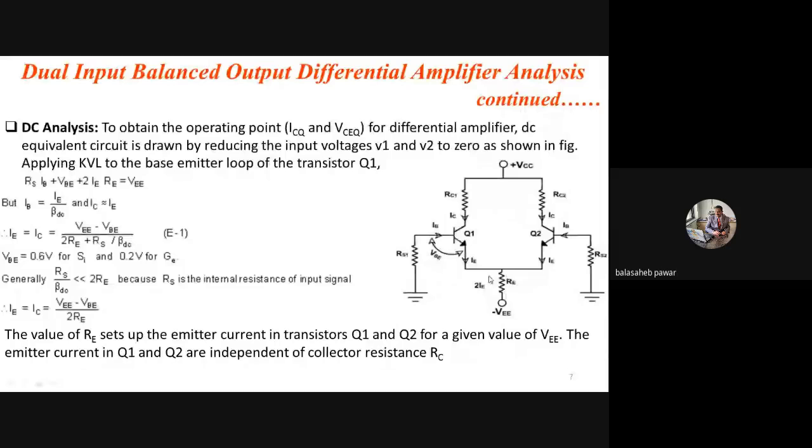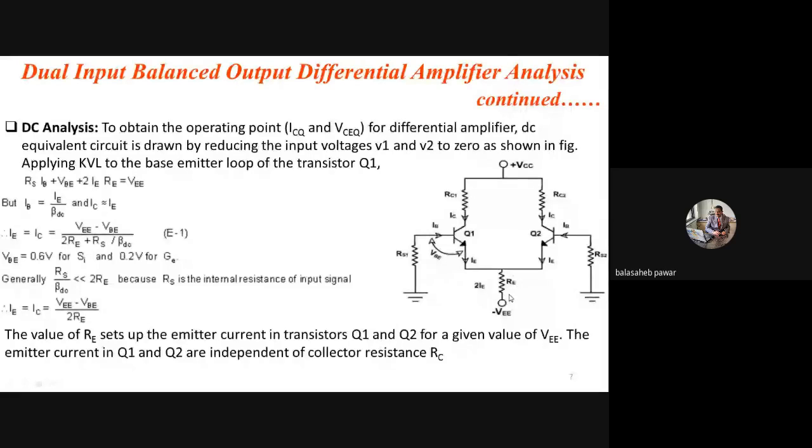You will observe in the differential amplifier there are two DC sources, plus VCC and minus VEE. So remember this minus VEE, along with this component RE, is used for the biasing purpose.